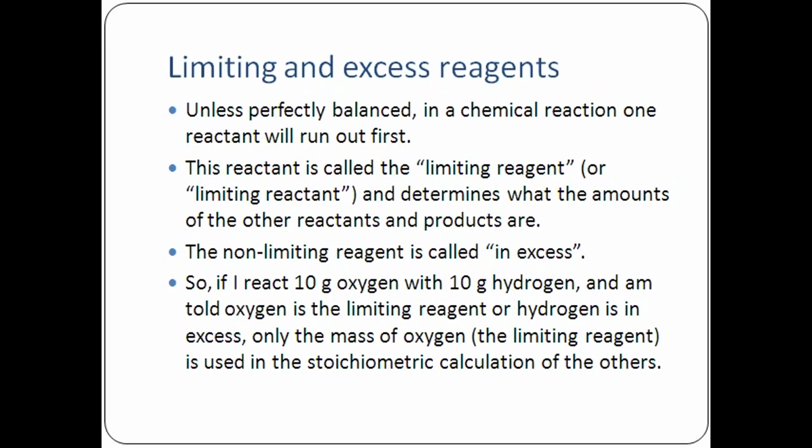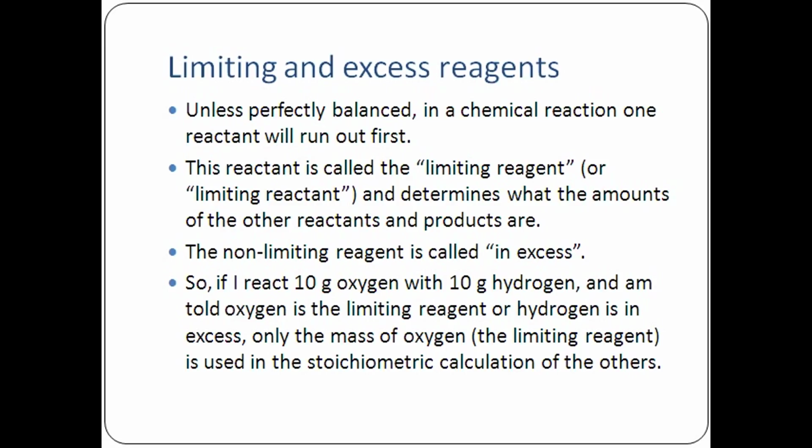Think about it like this: if I have 15 eggs and 40 cups of flour, whichever one runs out first, whether it's eggs or flour, determines how many brownies I can make. You can't make more brownies than you could make with the one that runs out first. If something runs out, that's as many brownies as you can make. You can't make any more. So this limiting reactant determines the amounts of everything else, and the one that's not limiting is in excess.